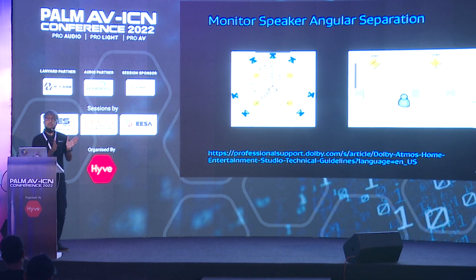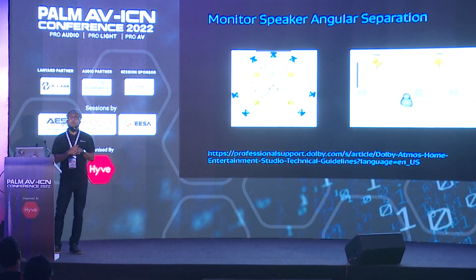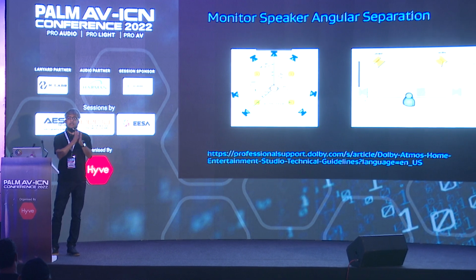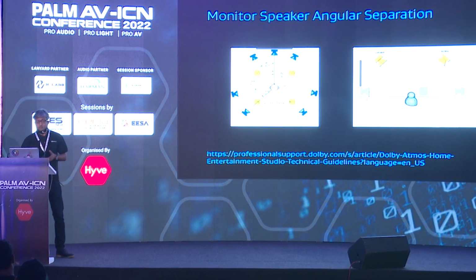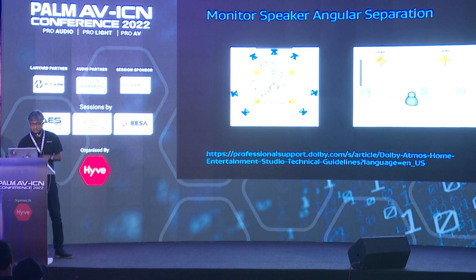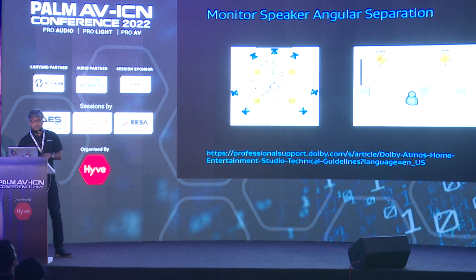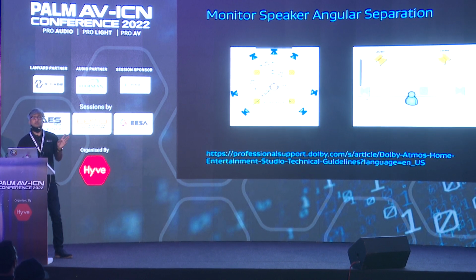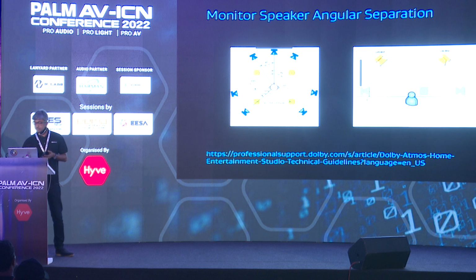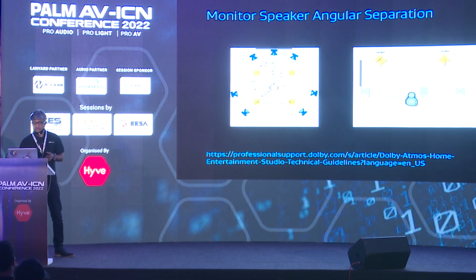And then there are guidelines for how the speakers should be set up in terms of the angular separation. I won't go into the details. I think you're already running pretty late. Most of these specifications are related to the ITU specs that are globally accepted and just expanded from 5.1 to now accommodate more channels.